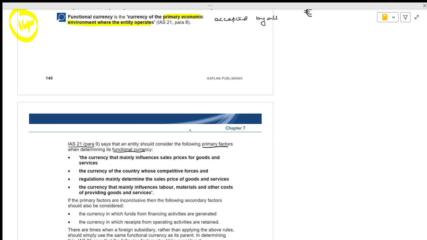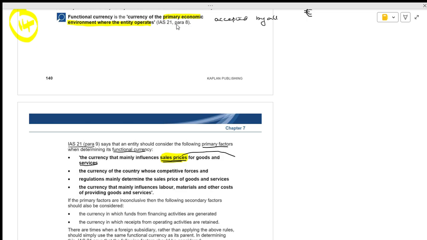The currency that mainly influences sales prices of goods and services. You may have different transactions done in different currencies, but you have to give importance. If you have a doubt, first make sure in which currency sales is taking place.